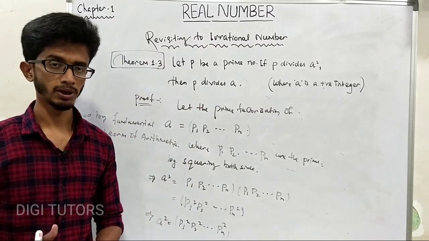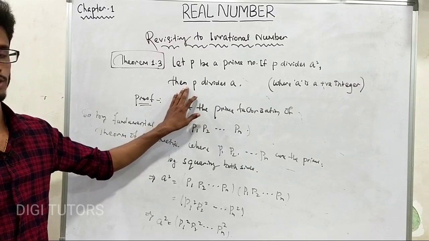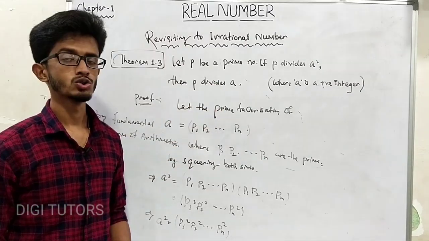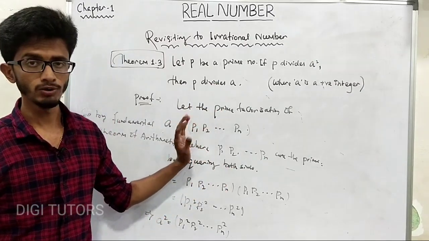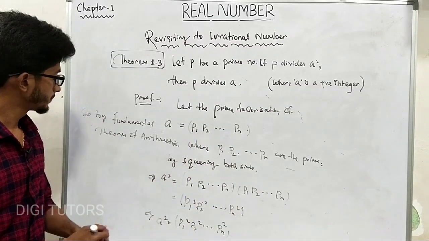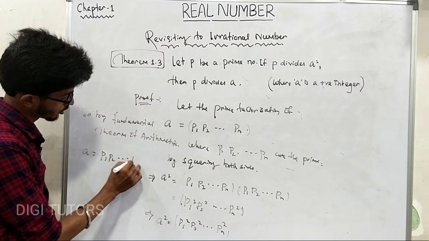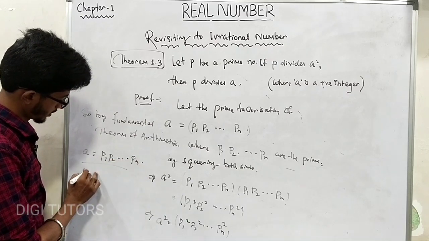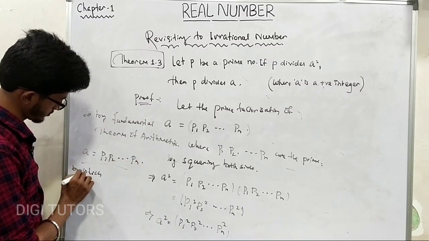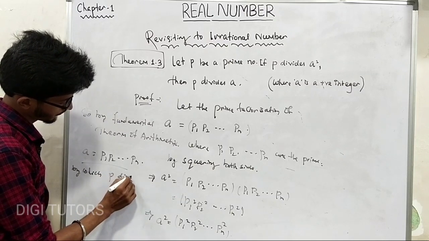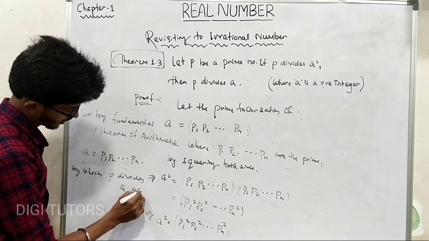By this we can conclude that p divides a also. So p is one of the prime factors of a square. That implies p equals one of p1 p2 up to pn, by which p divides a also.